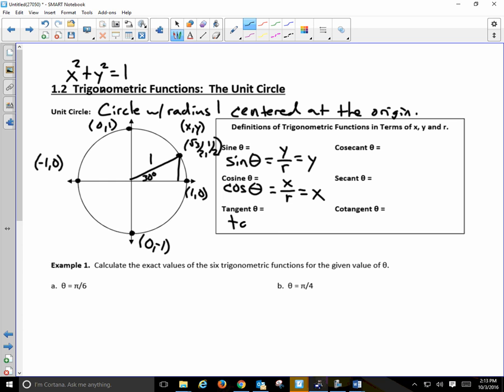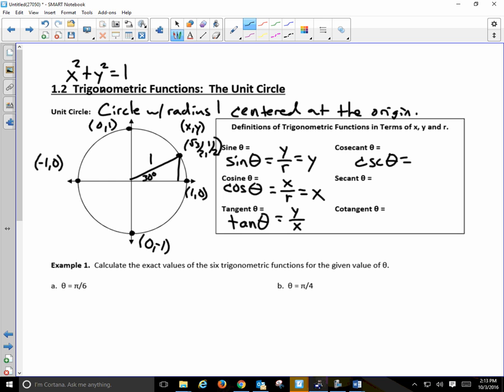Tangent. Now, I'll give you a break here. If you say tan, all right. Got it. But tangent is equal to y divided by x. Cosecant is the reciprocal of sine, CSC.